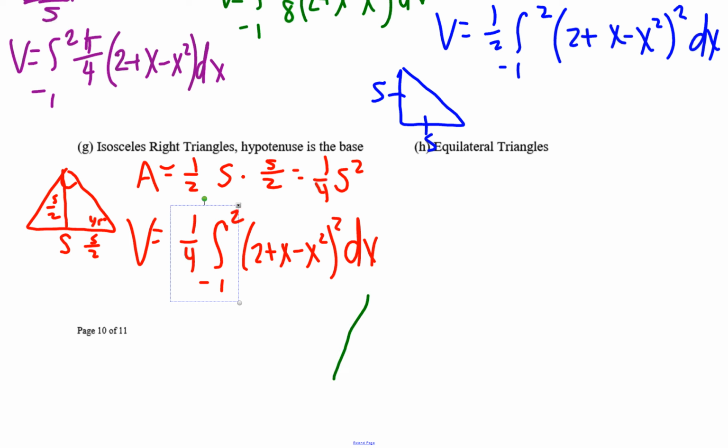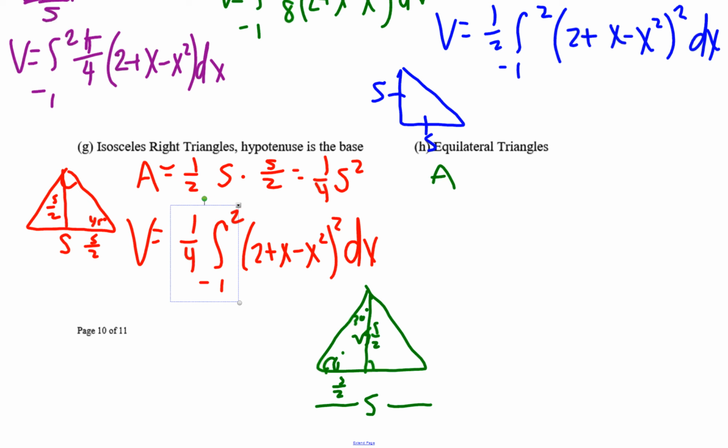Okay, and lastly we have an equilateral triangle. Hopefully you remember your equilateral triangle stuff. We know this is 60 degrees, this would be 30 degrees. If the whole thing is S, this is S over 2. So this is S over 2 times the square root of 3.